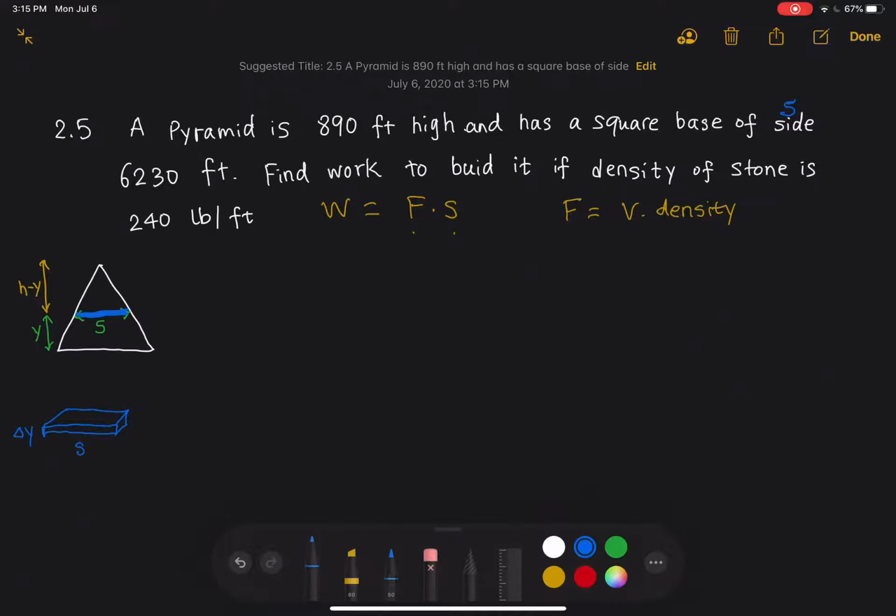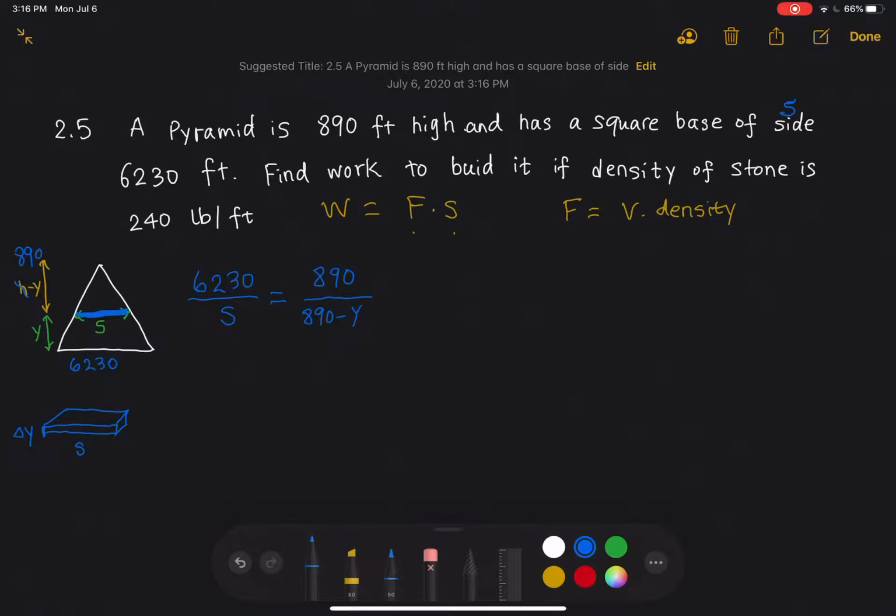If you move Y feet up, what is left on the top is H minus Y. So we can say the very bottom layer is 6,230, and 6,230 divided by S should be the same ratio as the total height, 890, divided by 890 minus Y. The H here is 890.